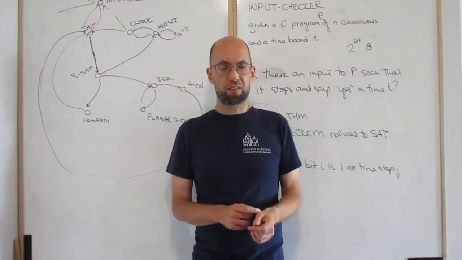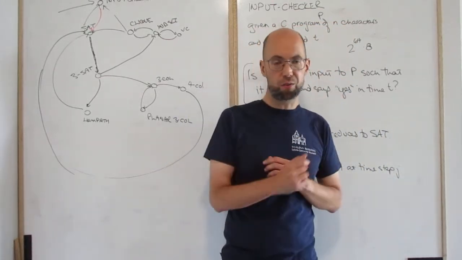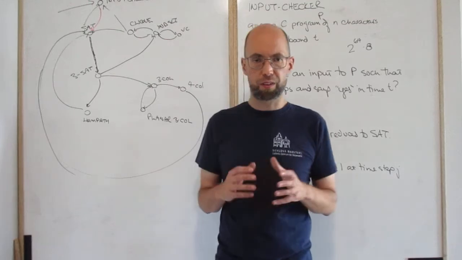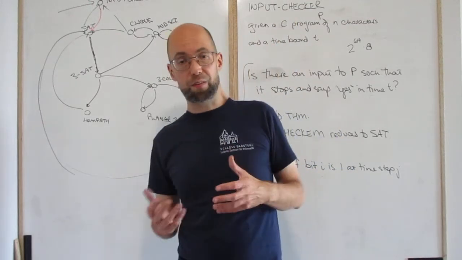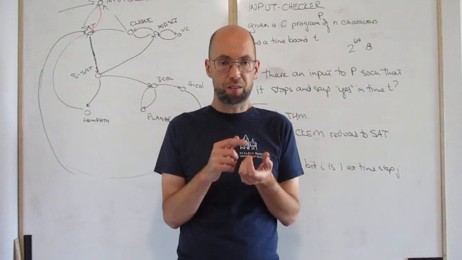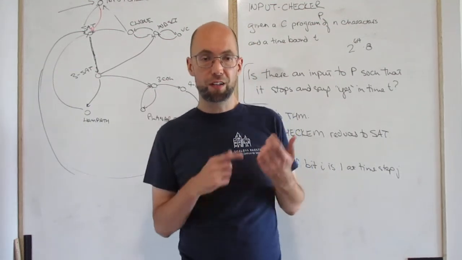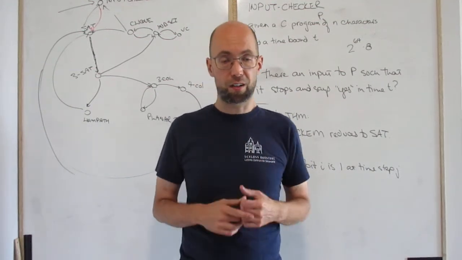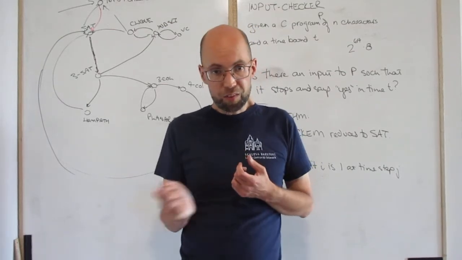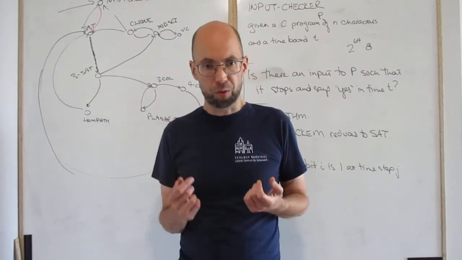You change that symbol, do you move left or right? And which state do you go to? So it's like the transition functions you've seen for finite state automata. Normally, a transition function for a finite state automaton just says, if you're in this state and you see this character, which state do you go to? This one says, if you're in this state and you see this character, what do you write, do you move the tape left or right or leave it in the same position, and which state do you go to?